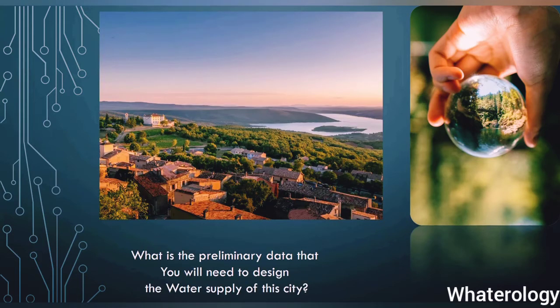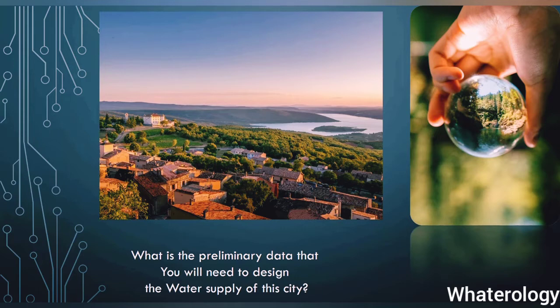Okay, so suppose this is a city and you need to design the water supply system for the city. So what is the preliminary data, the most basic data that you will need to design the water supply of the city? The answer is, we need the population, because the one who is going to use that water is the population available there.